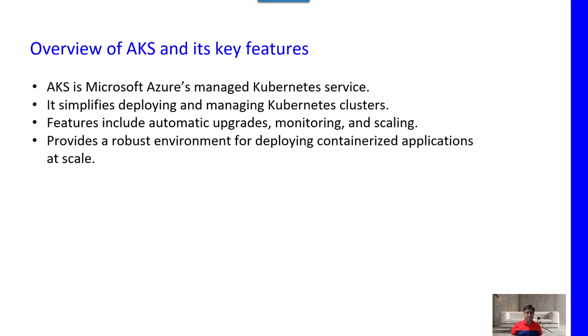It also has a very important feature for automatic upgrades, monitoring and scaling of containerized workloads. And because this is already in the Azure ecosystem, you can use all the Azure related services with it to develop your applications. It provides a very robust environment for deploying containerized applications at a large scale. That means you can scale it to any level.